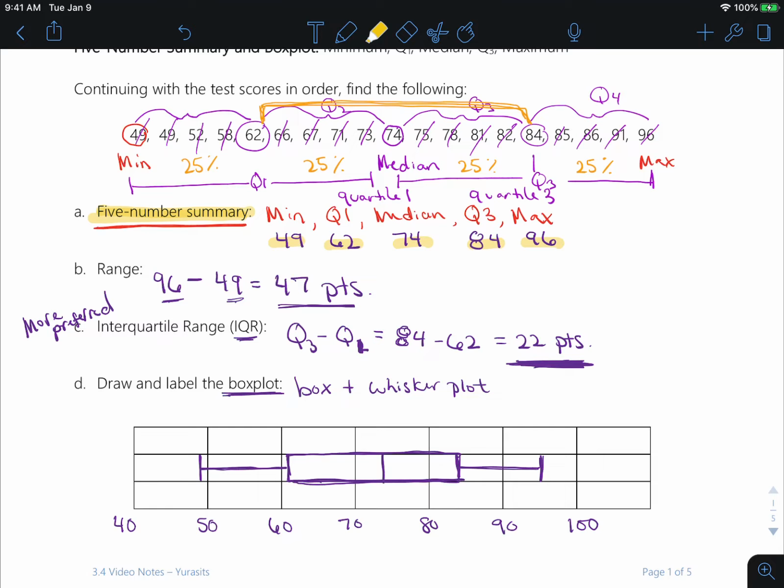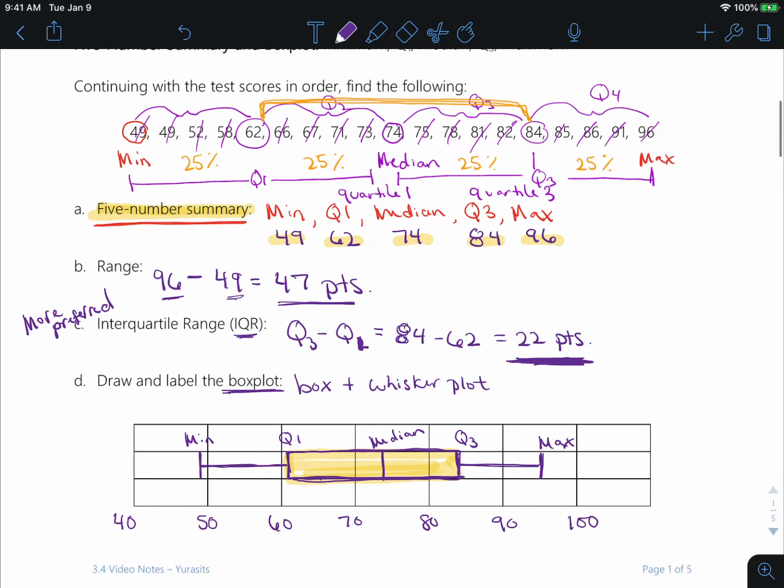Let me just shade it, and that becomes really important. So remember, this was your min, this was your Q1, this was your median, your Q3, and your max. So this gives you all your 5-number summary.